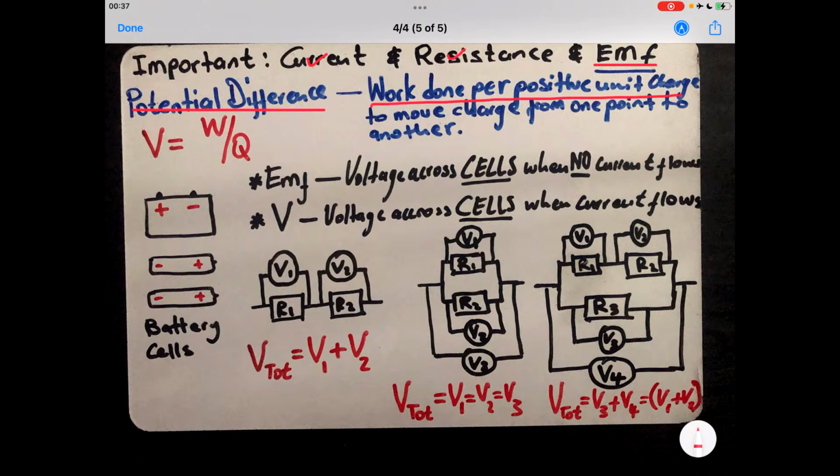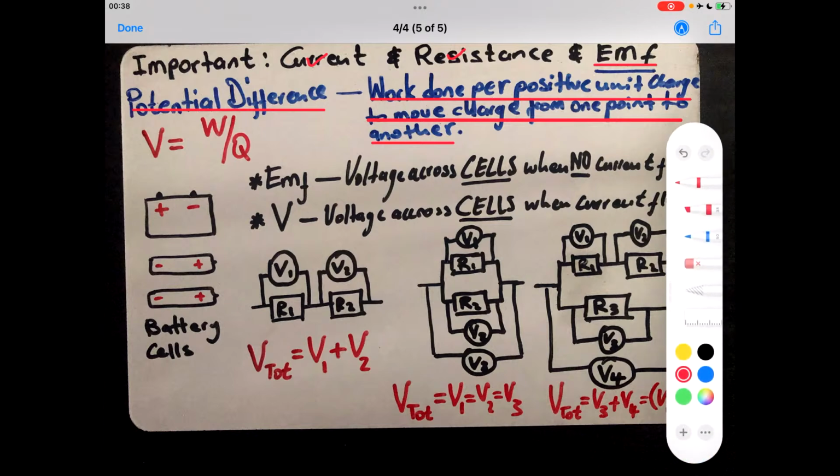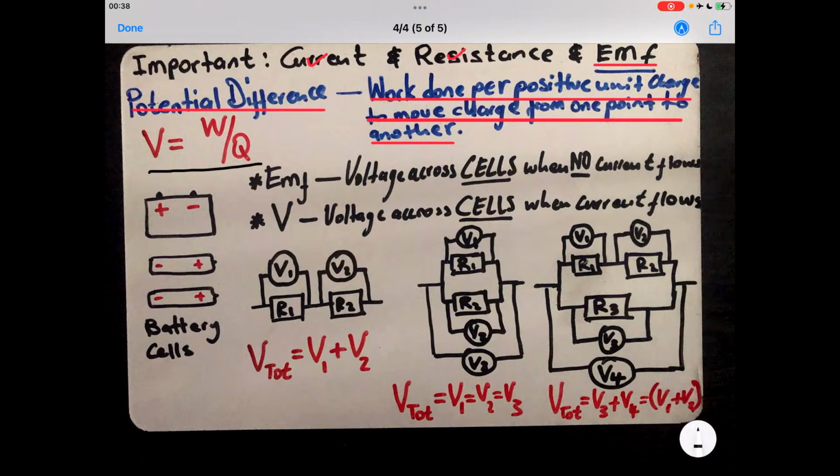Just in case it comes in multiple choice type questions, just remember that it might be given to you as a definition and you just need to choose. So here is the formula, honorable members, which says V, being the potential difference, equals W for work over charge. That is the formula for calculating the potential difference.